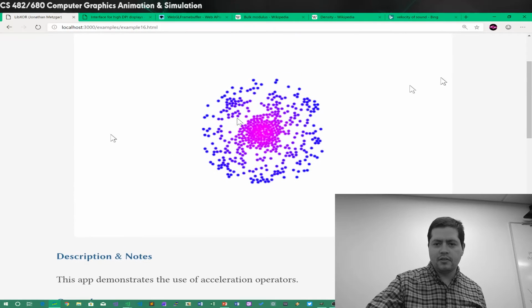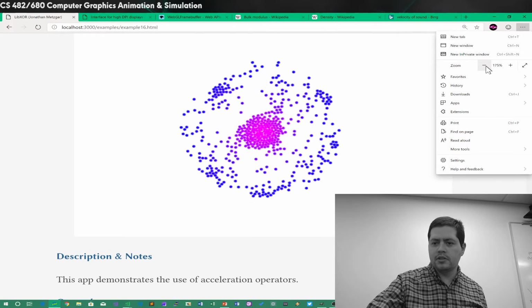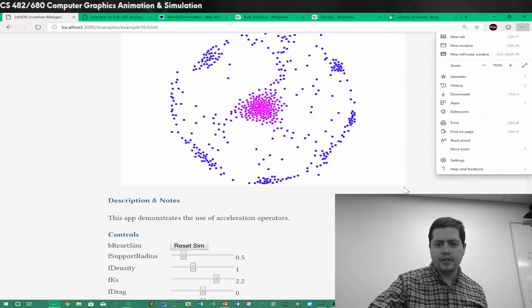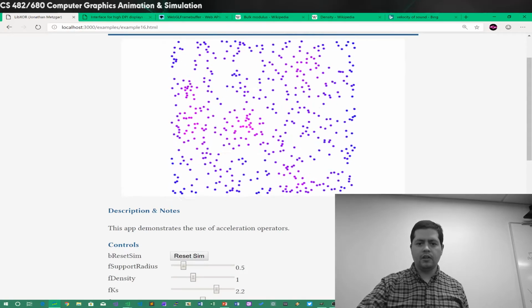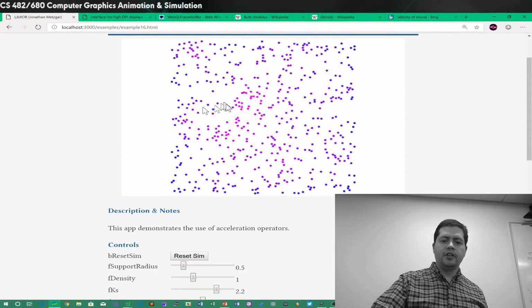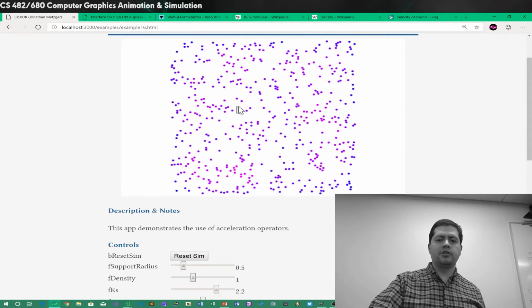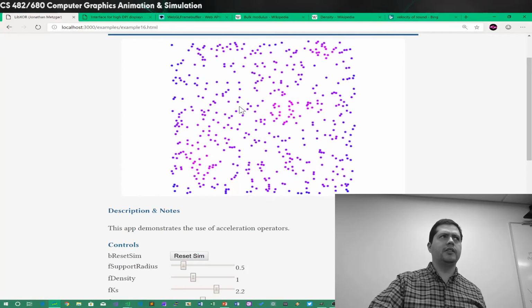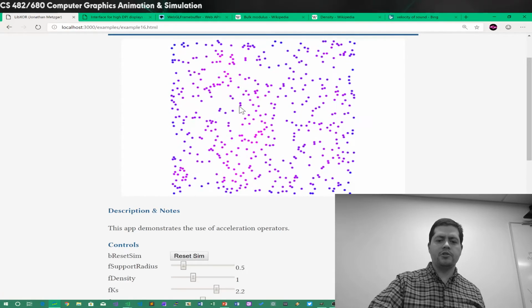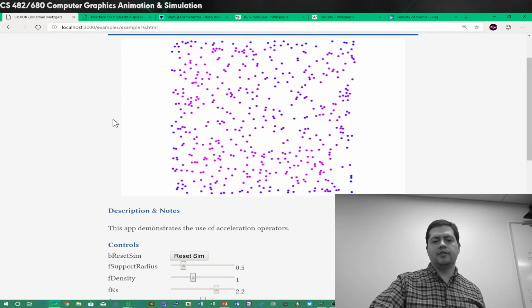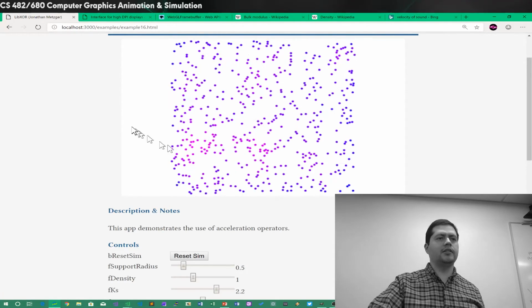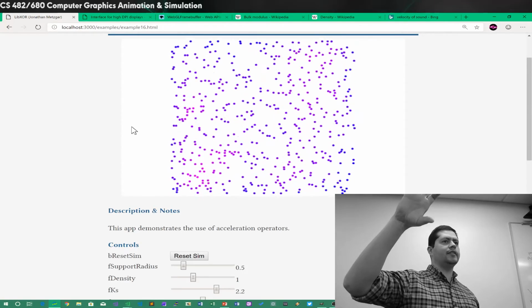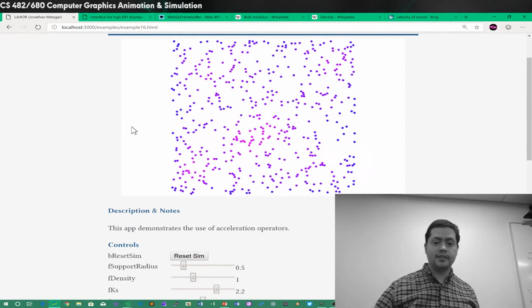Reset. And I need to zoom this out a little bit. You'll notice that, remember, we were coloring the particles based off the pressure or density. I can't remember if it's density or pressure. So the idea is that it'll be blue if there's very little density, and it should be pink if it's high density.